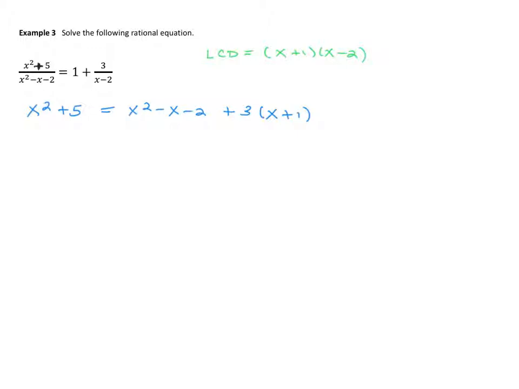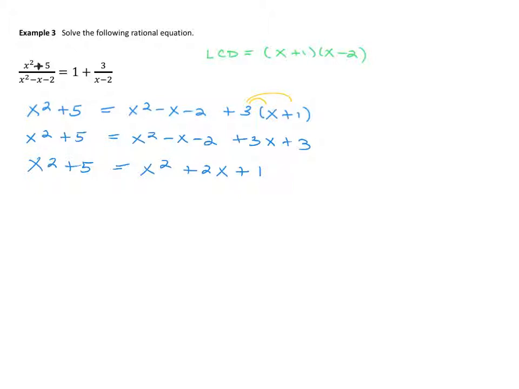Let's see, I'll distribute this 3 to both terms. Let's see what we get. x squared plus 5 is equal to x squared minus x minus 2 plus 3x plus 3. All right, combining some like terms, we get x squared, again, plus 2x plus 1.